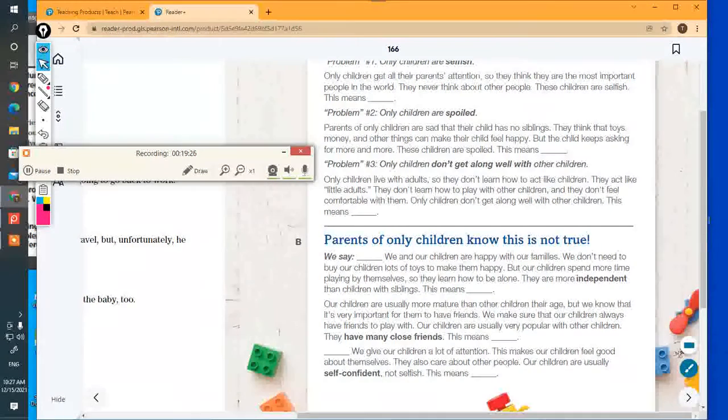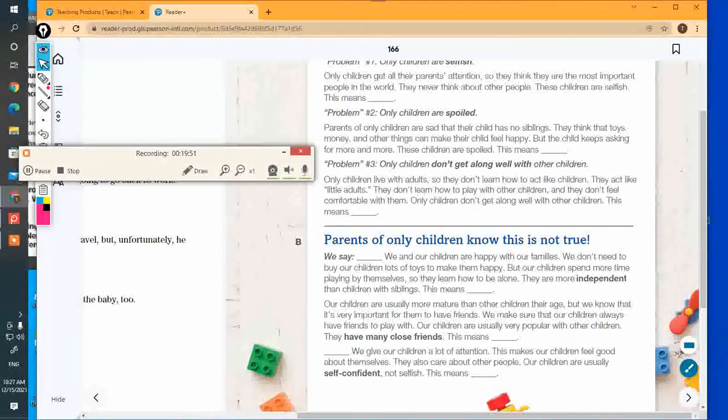So this all describes what independent is. And in the second one, there's new vocabulary, have many close friends. In this little paragraph, you can understand what it means to have many close friends. There are some clues there.